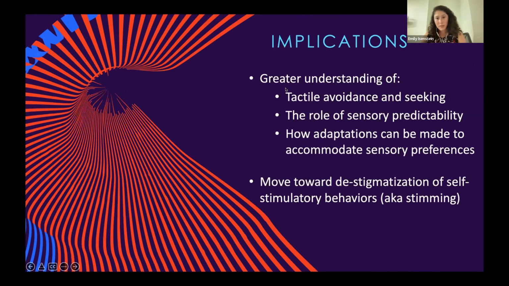And the implications of this, and what I hope we'll be able to take from this project moving forward, is a greater understanding of things that cause tactile avoidance as well as tactile seeking in autism, and also more about the role of predictability in hypersensitivity in autism, and how we can use that information to improve adaptations and accommodations for different sensory preferences.